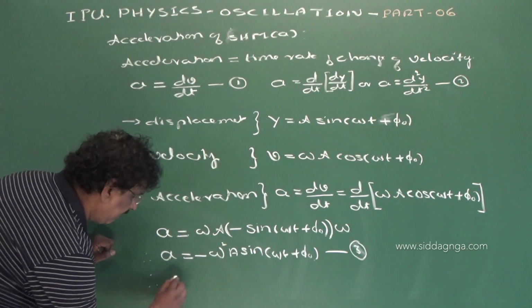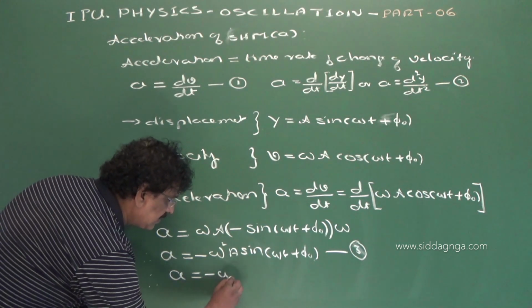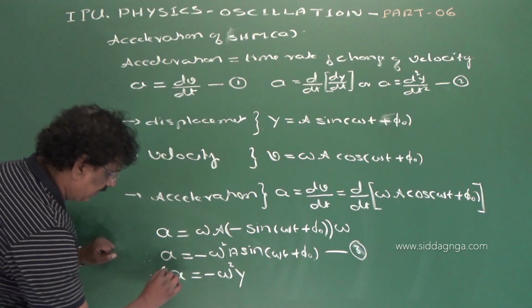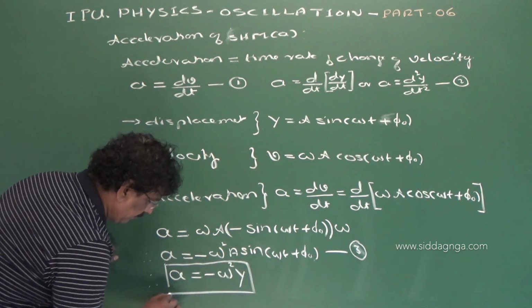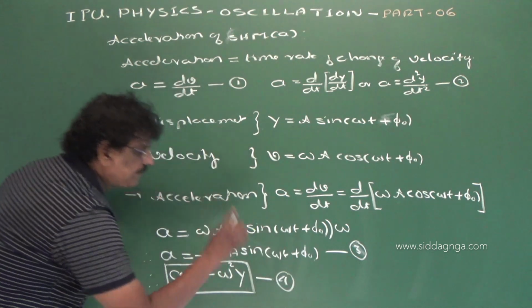Therefore, we can write acceleration A is equal to minus omega square y, right? This is equation 4 we can take.